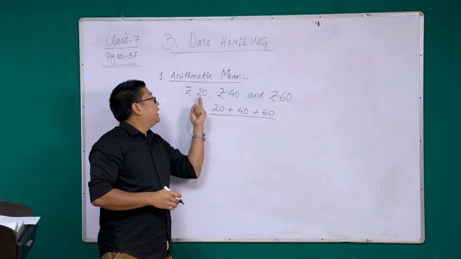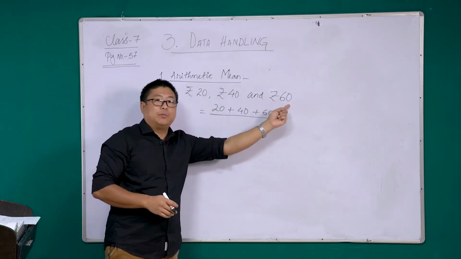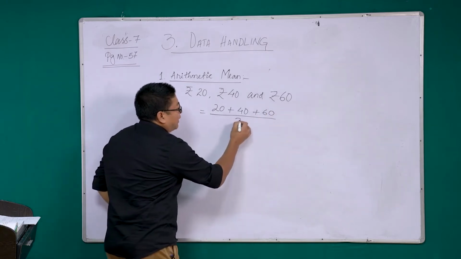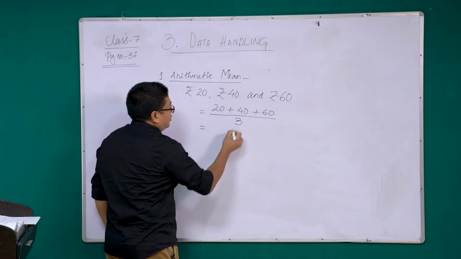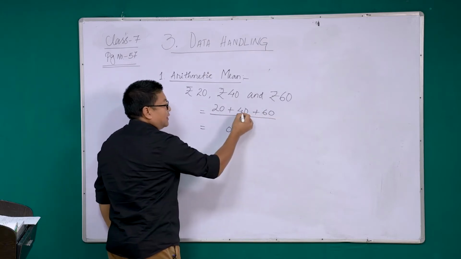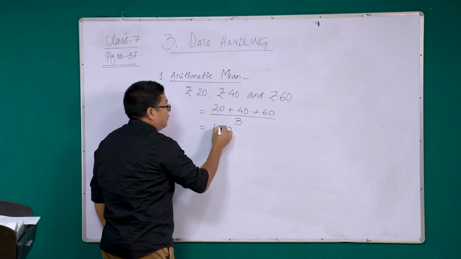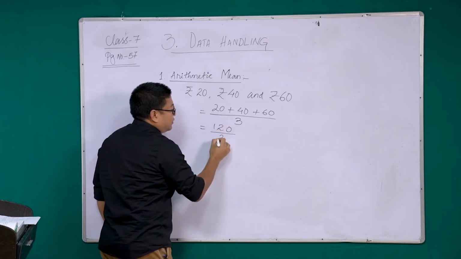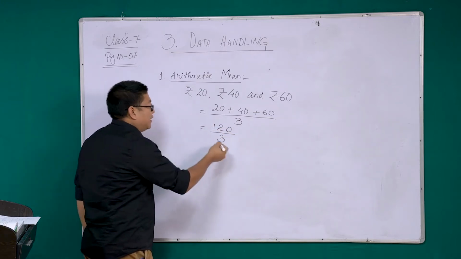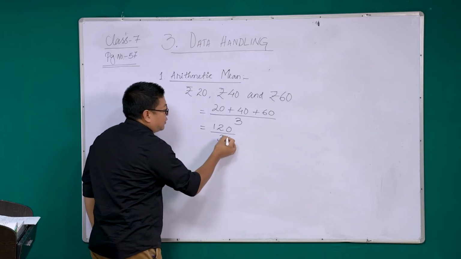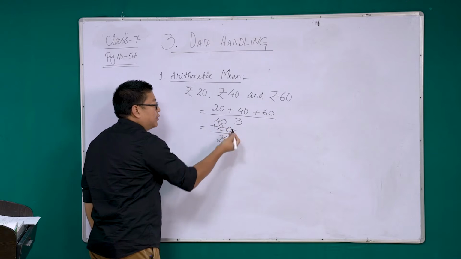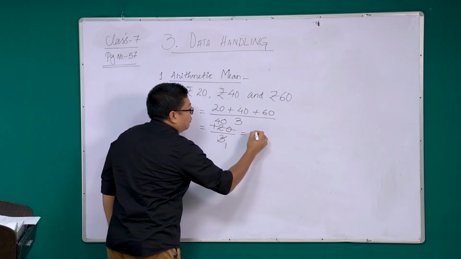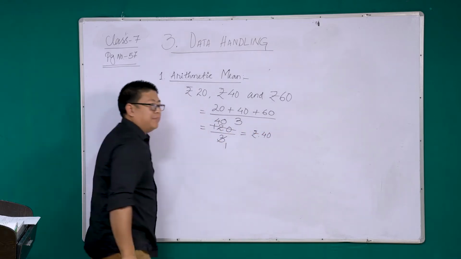Here there are 1, 2, 3 observations, so you will divide by 3. When you add them up, you get 120, divide by 3. Now you can bring it down by dividing with 3. 3 into 1 is 3, 3 into 4 is 12, 3 into 0 is 0. So you get rupees 40 as the arithmetic mean.